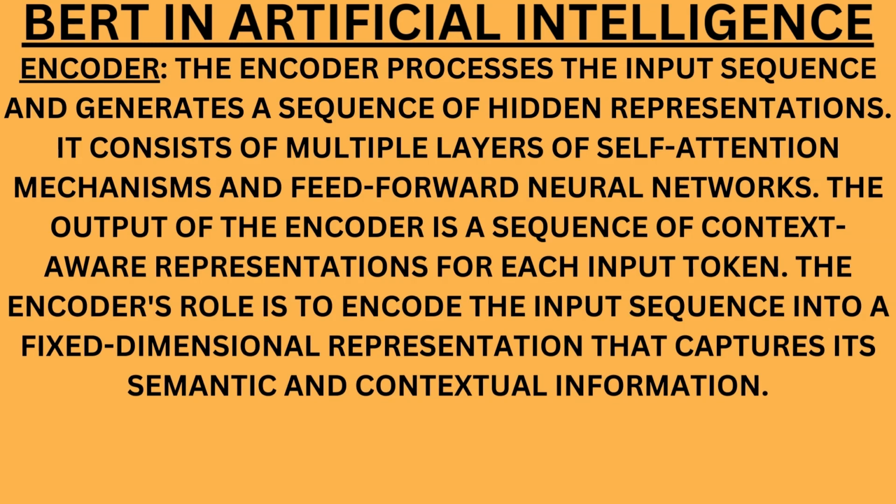It consists of multiple layers of self-attention mechanisms and feed-forward neural networks. The output of the encoder is a sequence of context-aware representations for each input token. The encoder's role is to encode the input sequence into a fixed dimensional representation that captures its semantic and contextual information.